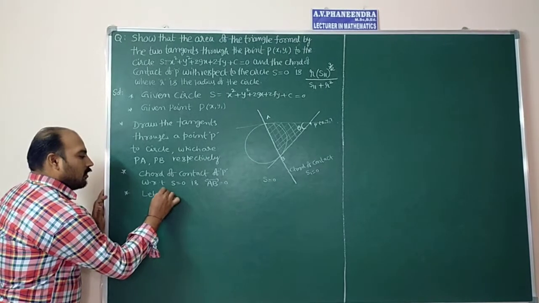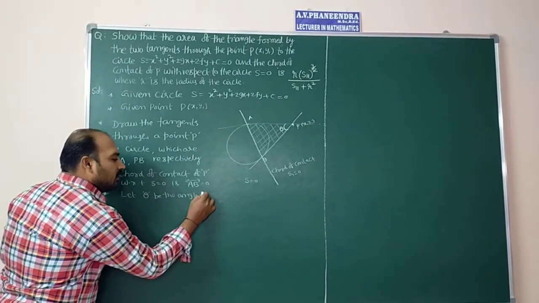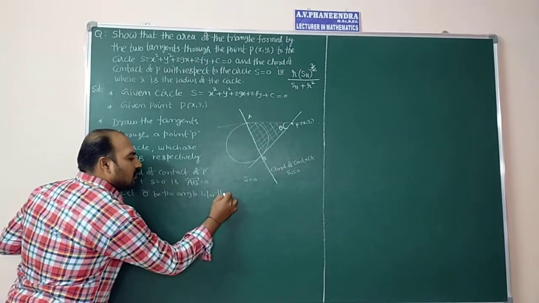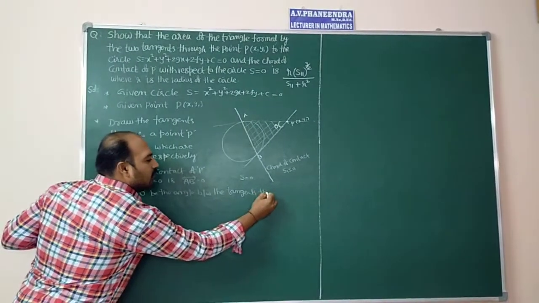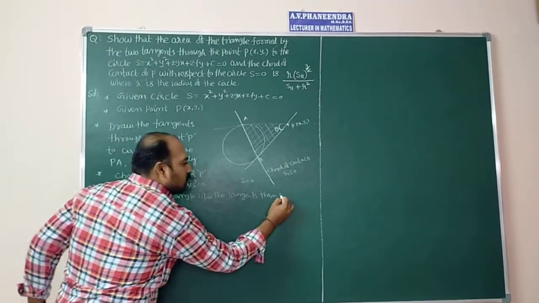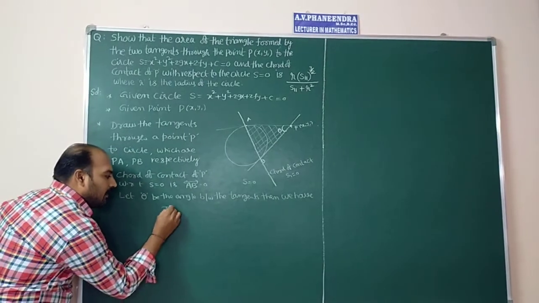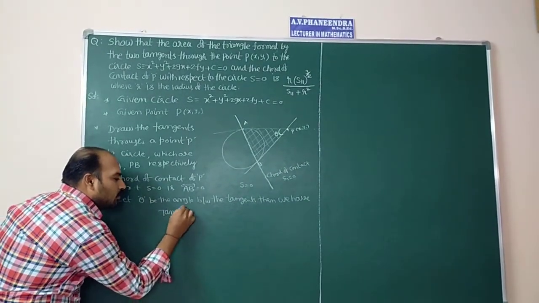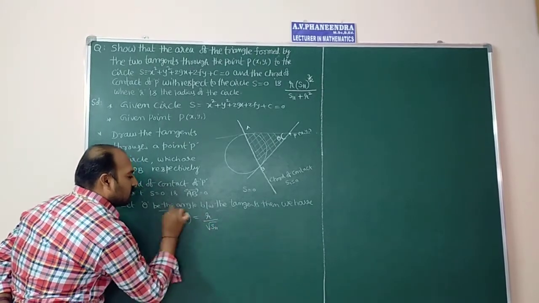Let theta be the angle between the tangents. Then we have tan(theta/2) = r/√S11.